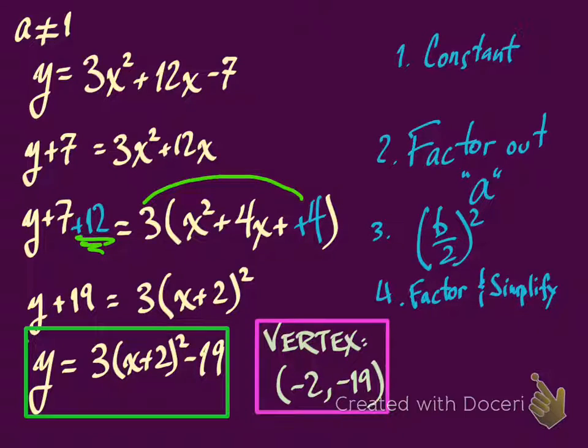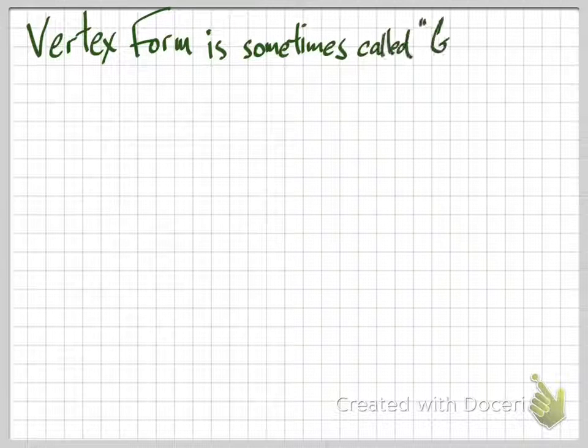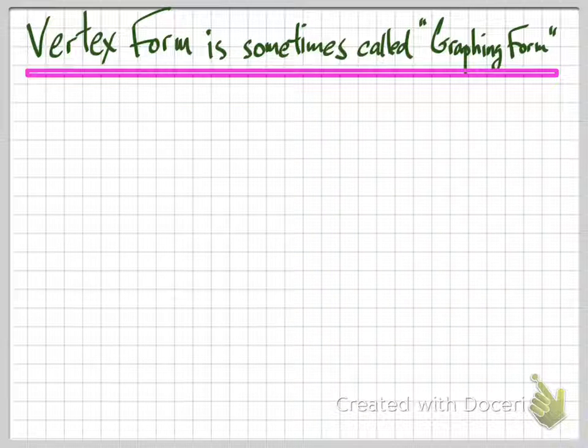Okay, well, I wanted to make another comment here because the book that we use has one kind of terminology, but a lot of other books may use different terms here. And so to make this a little bit more useful for more people, I wanted to make this comment here that sometimes vertex form is called graphing form.